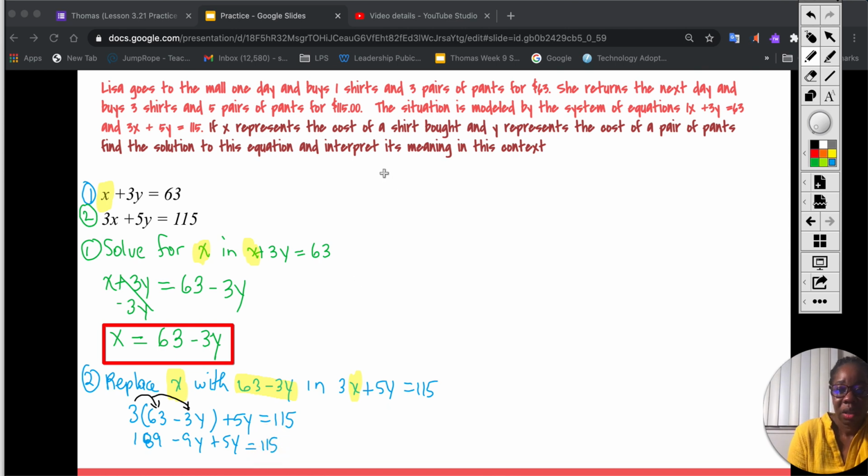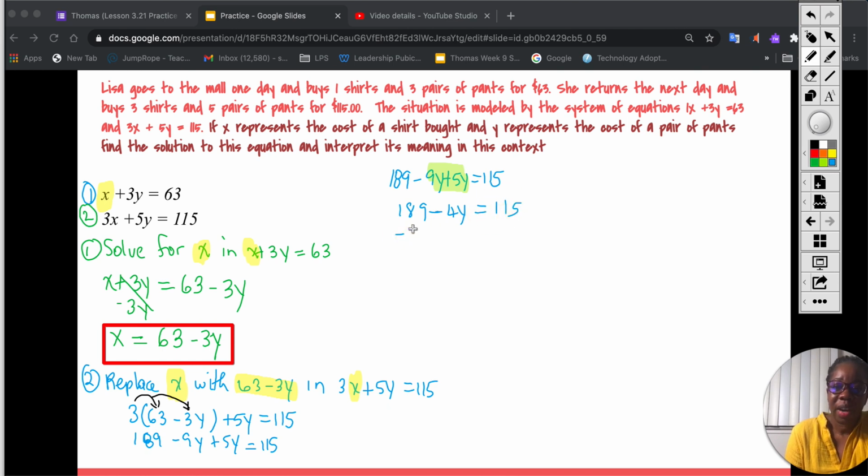So we have 189 minus 9y plus 5y equals 115. We're going to combine our y's together. Those are our like terms. So when we do that, we have 189, negative 9y plus 5y gives us negative 4y, equal to 115.